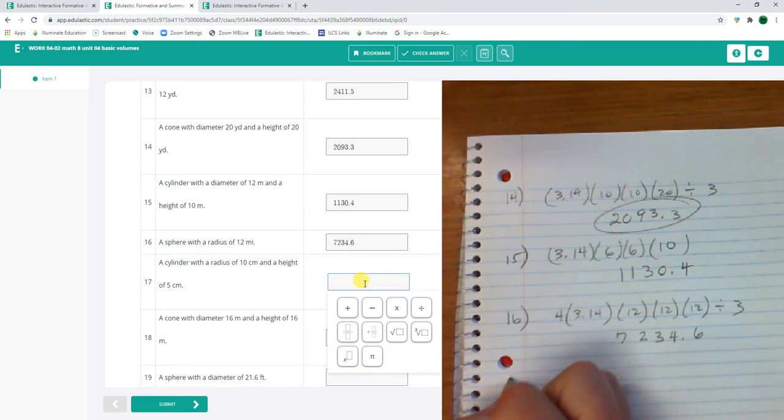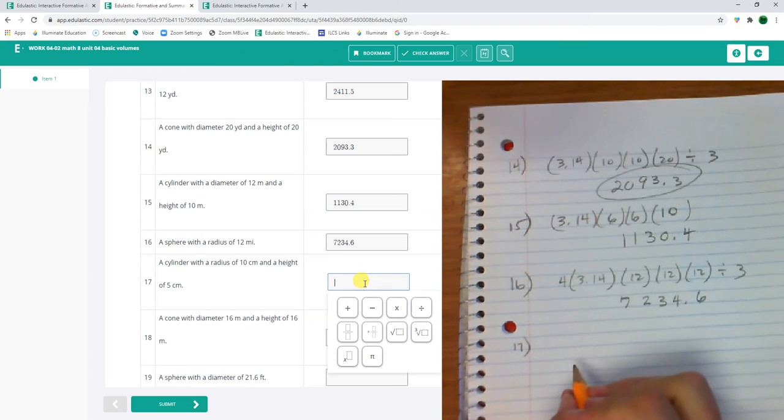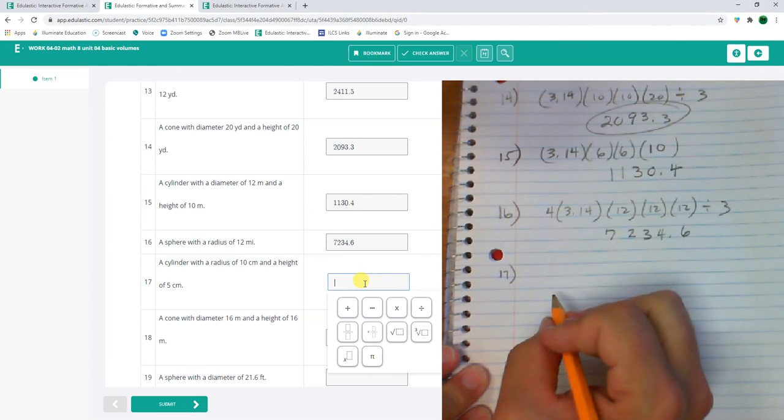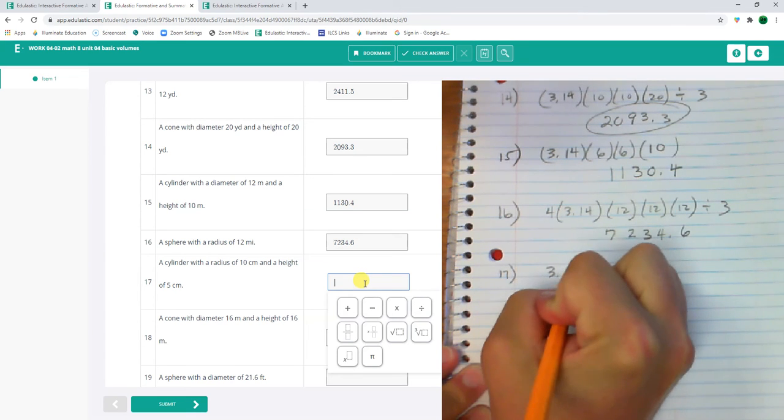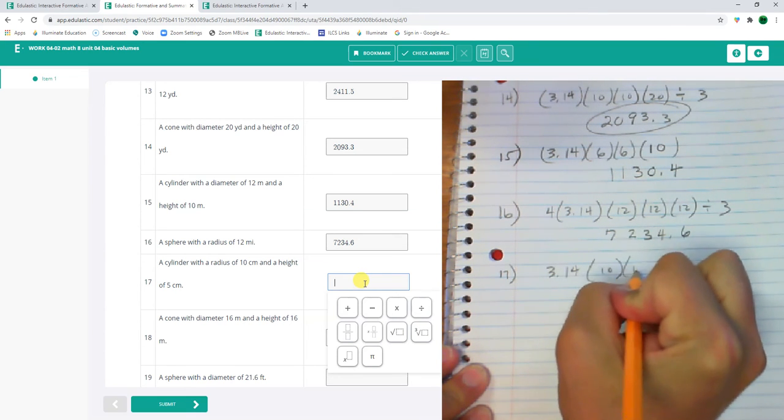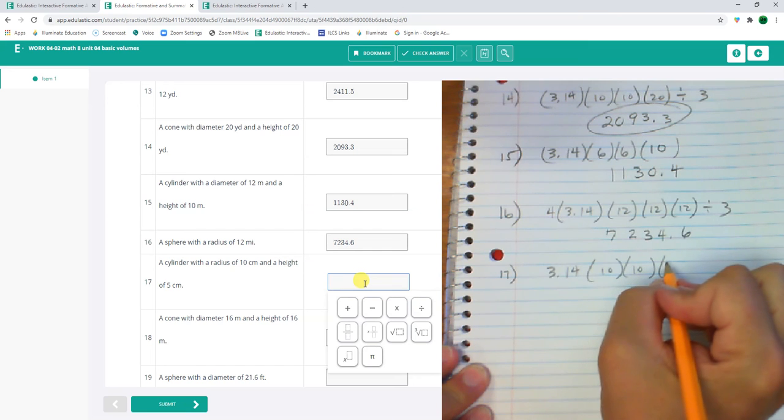Number 17, a cylinder with a radius of 10 and a height of 5. Okay, 3.14, radius, height.